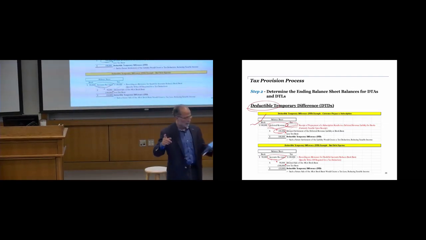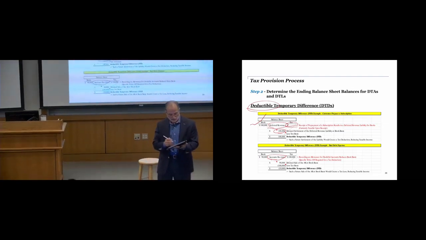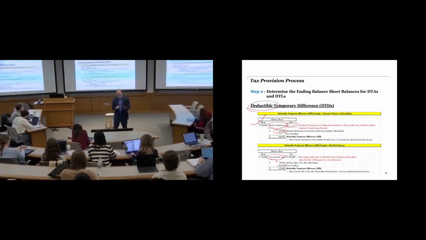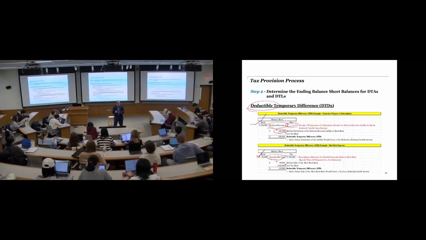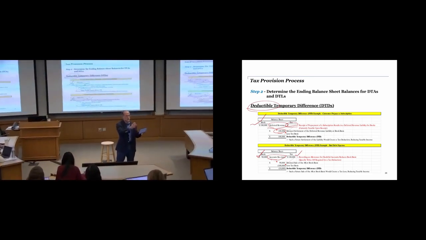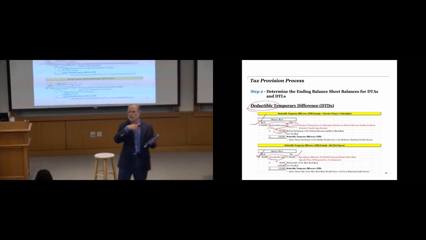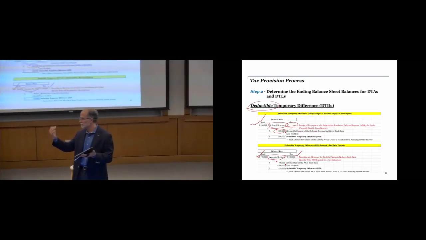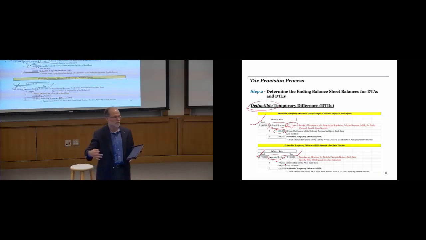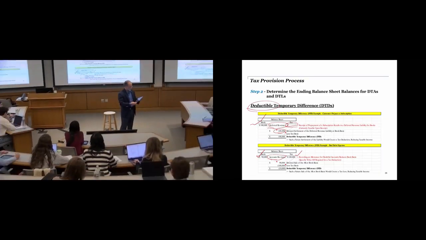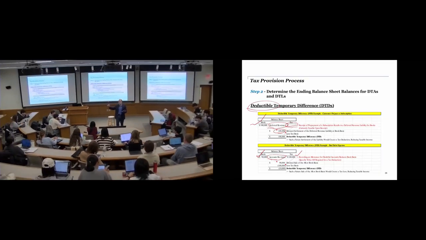So say my book basis is 90,000, and my tax basis is 100,000. Why? Because books set up an allowance for bad debt accounts based on estimates. That's likely higher than my direct evidence to write off receivables as bad debts for tax purposes. So my book basis is lower than tax.